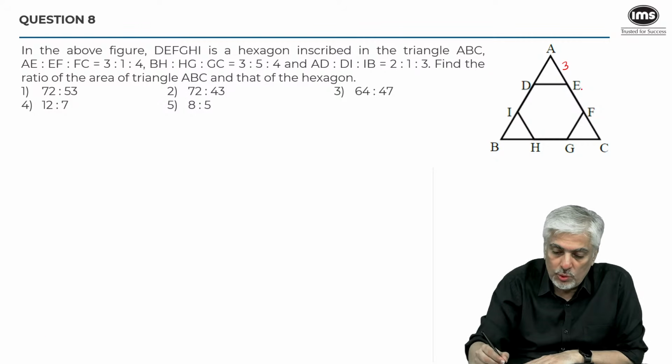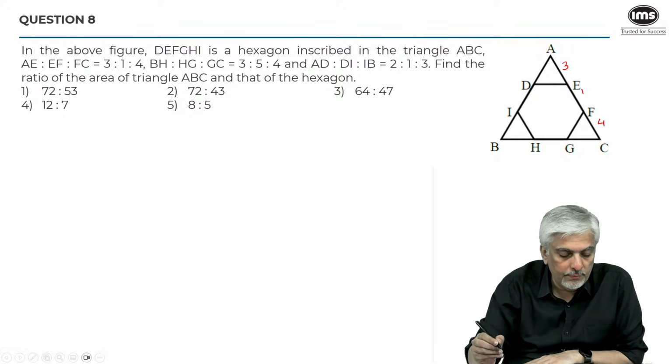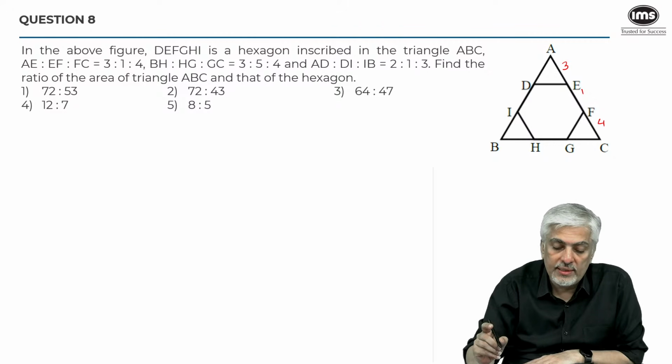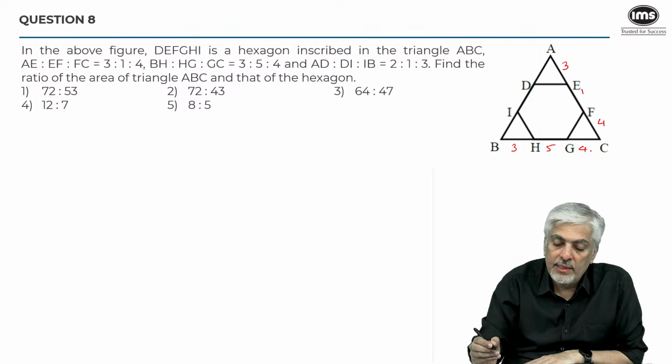Take these values as 3, 1, 4. Okay, Alamin, your answer is wrong. Uday, your answer is correct. Then they have told us BH, HG and GC are in the ratio 3, 5 and 4. And this is 2, 1 and 3.